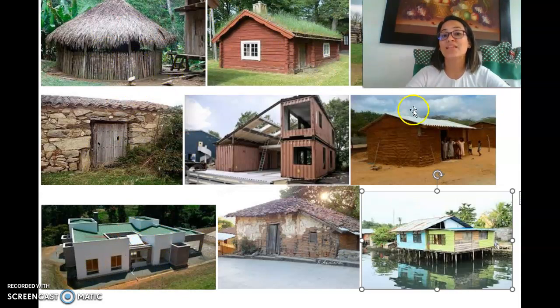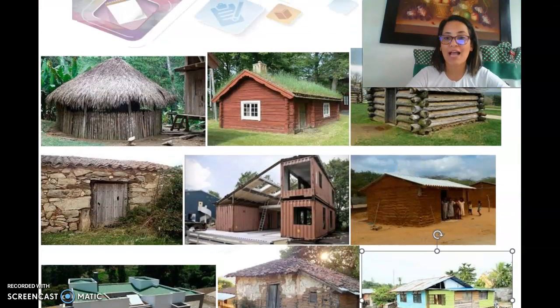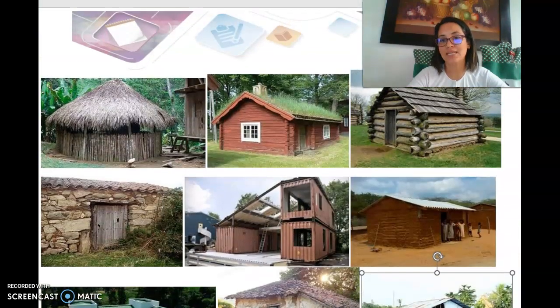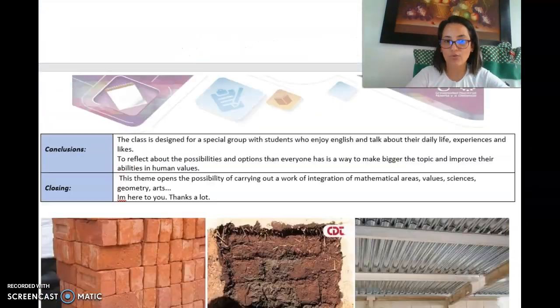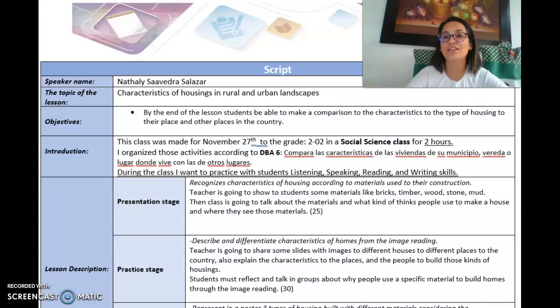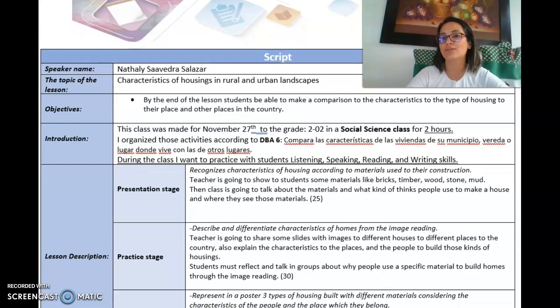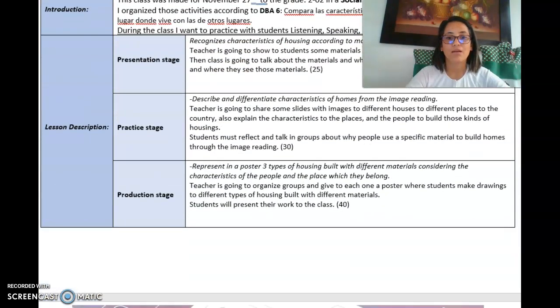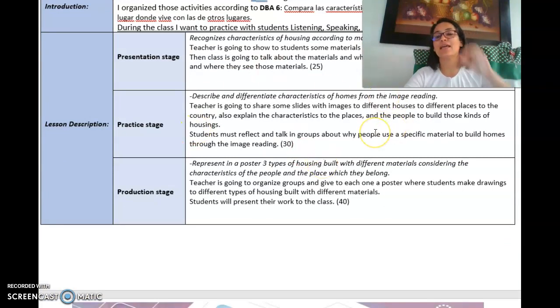So they were looking at those kinds of materials, those kinds of houses, and they are looking at this image to share with friends what they were looking at or what they know from some places. This activity, I suppose, takes about 30 minutes.